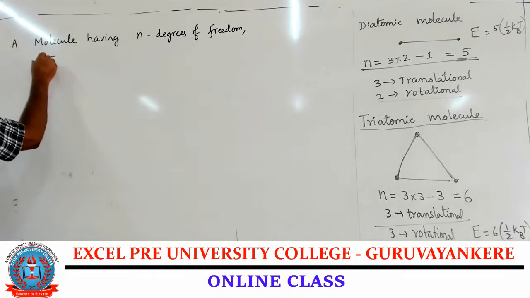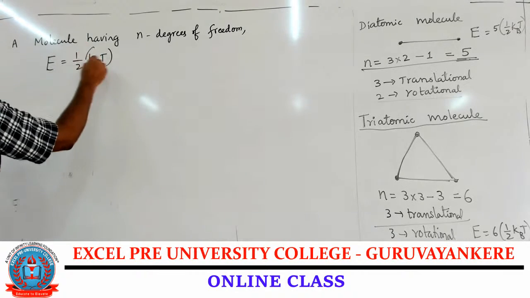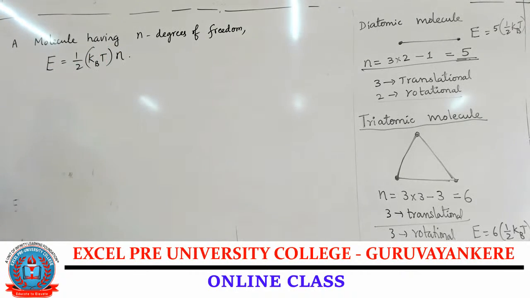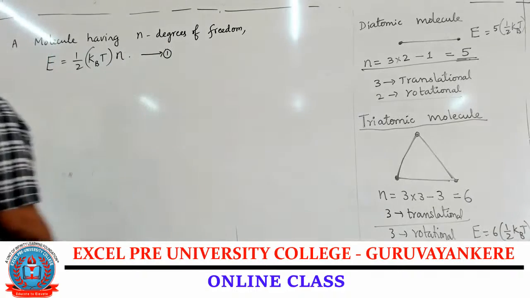Its total energy can be half kBT into N, correct? Half kBT into N. This is equation 1. That is the total energy it possesses.